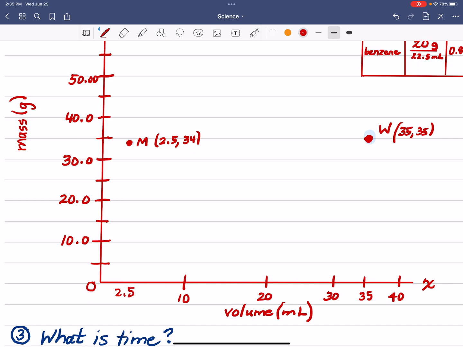With mercury, you have much less milliliters, but you almost have the same mass. So that tells me that mercury is much more dense than water. Water, you have the same height on this graph, but it takes 35 milliliters of water to get us to that height.